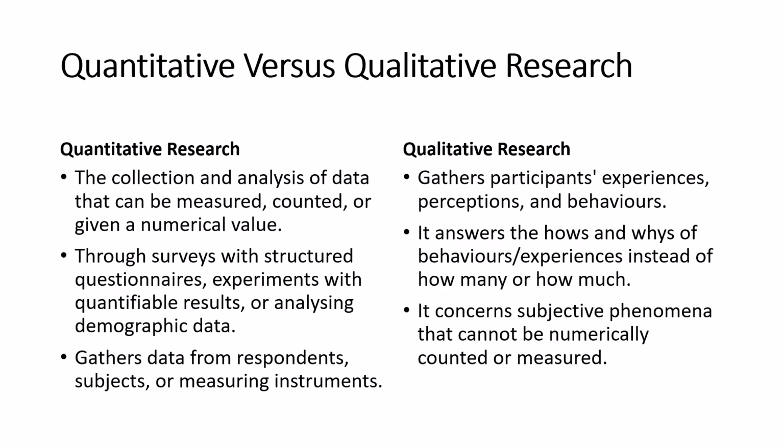You can have a 1 to 5 Likert scale, or 1 to 7, or 1 to 9, depending on what you want to measure. But oftentimes the common one is the 5-point Likert scale. So you conduct quantitative research using survey research, experimental research with quantifiable results, or analyzing demographic data.